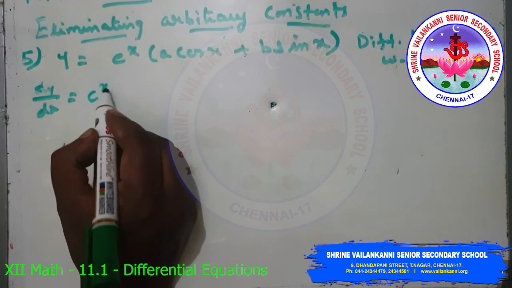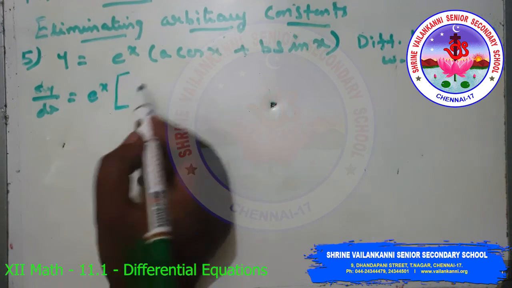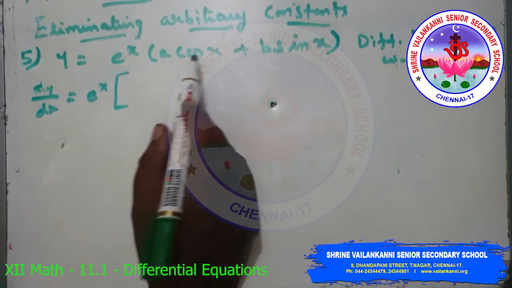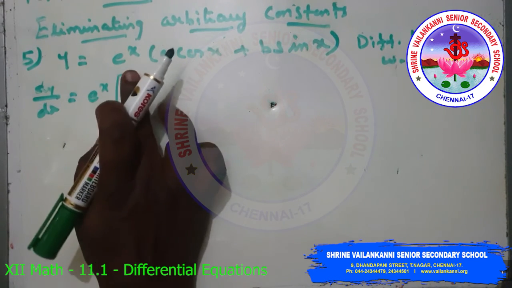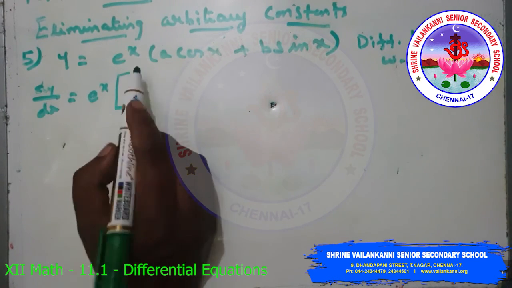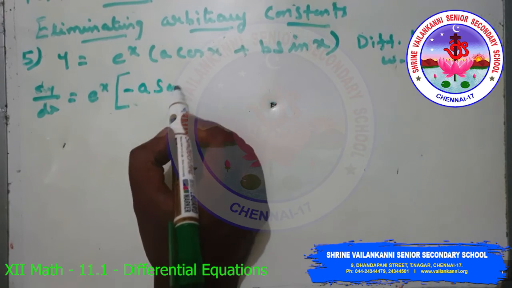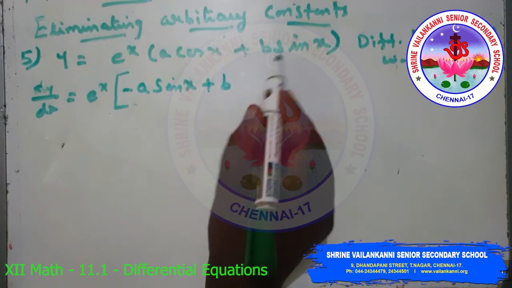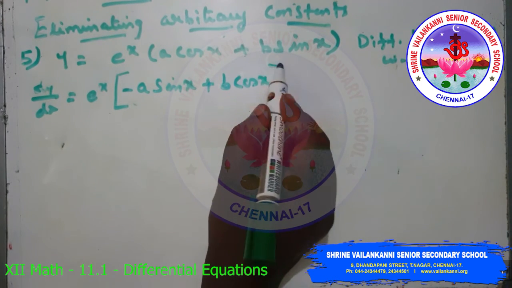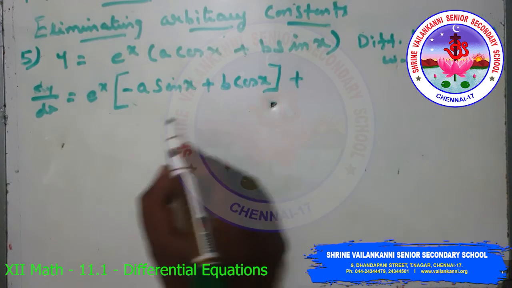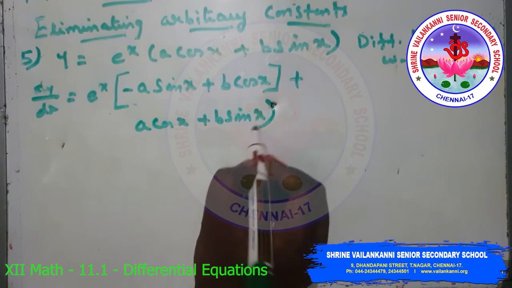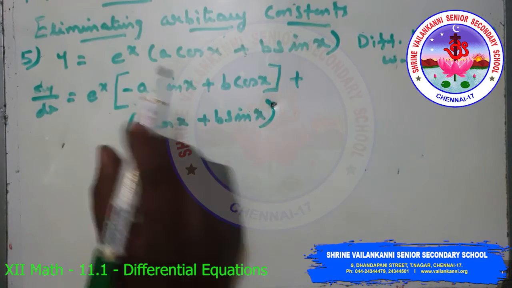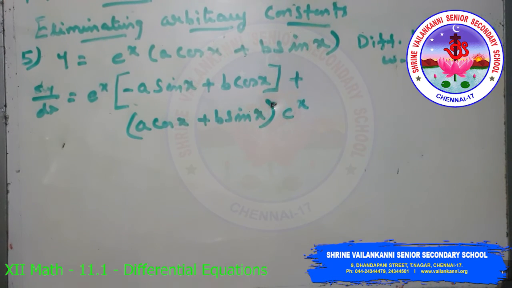So e power x into differentiating this: a into cos x, d by dx of a cos x is a into minus sin x, so minus a sin x, plus b, d by dx of sin x is cos x. Then plus (a cos x plus b sin x) into d by dx of e power x, which is e power x.